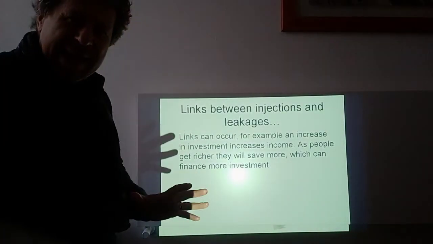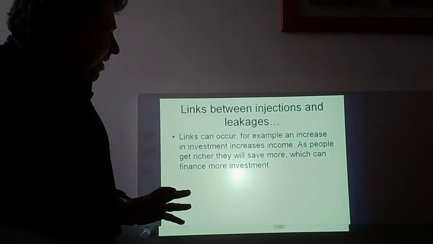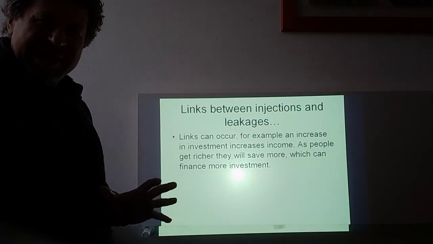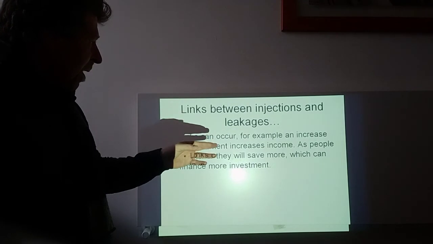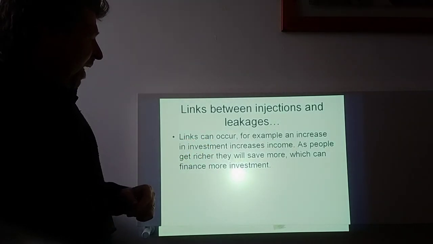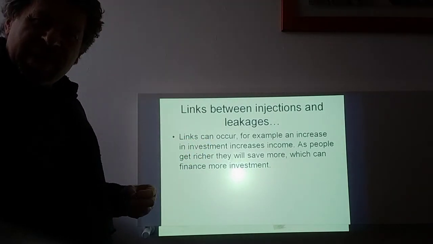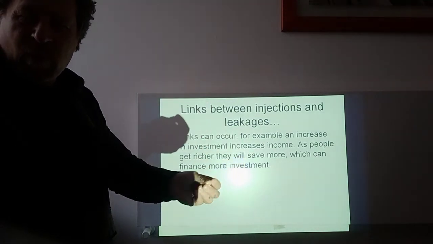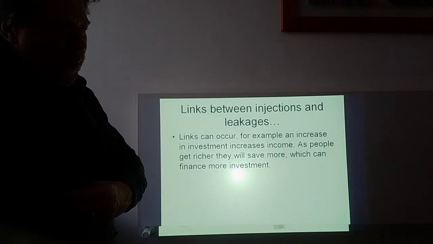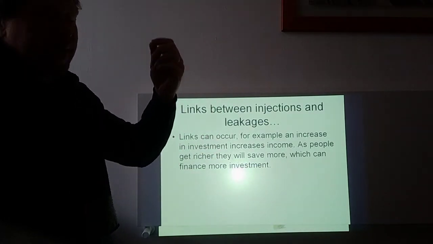There can be links between these injections and leakages or withdrawals. For example, if there's an increase in investment, there will be an increase in the income, because obviously people will be earning. Maybe we're spending on building a factory.